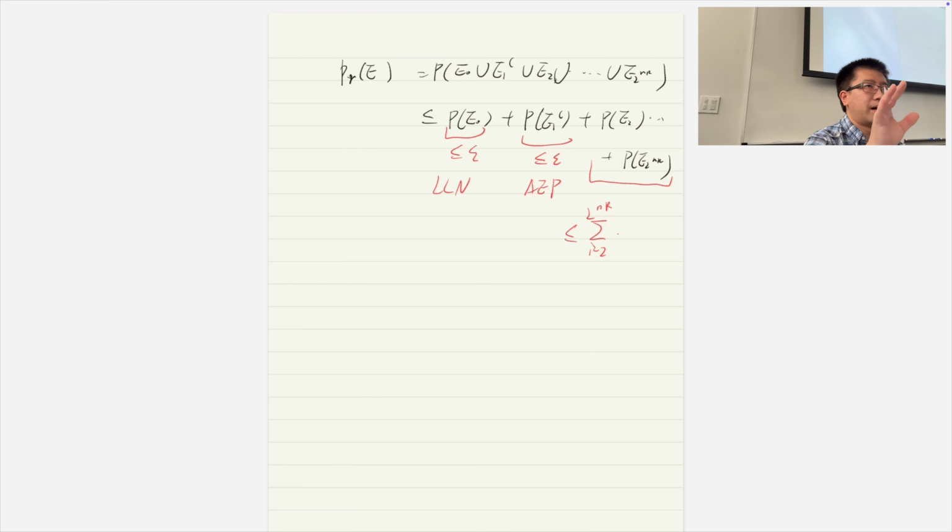Then we take an upper bound on each probability. If some other X is jointly typical with Y, the probability is what? Remember, it is 2 to the power of minus n times (mutual information minus 3 epsilon). This is what we have shown before.